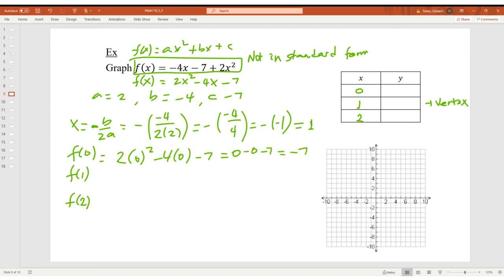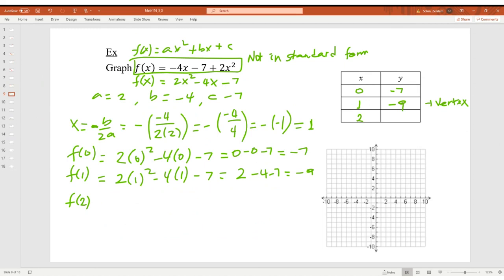So at 0, it is -7. F of 1, just plug in 1 into the function, 2 times 1 squared minus 4 times 1 minus 7. So 2 times 1 squared is 2, minus 4 minus 7. So this will give you -2 minus 7, which is -9. So the vertex is at 1, -9.